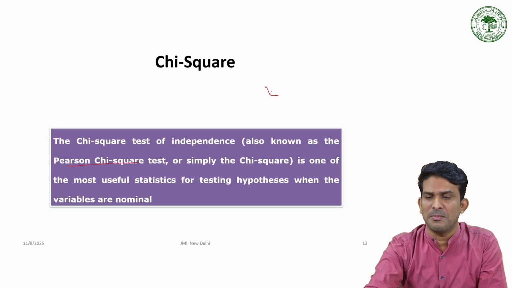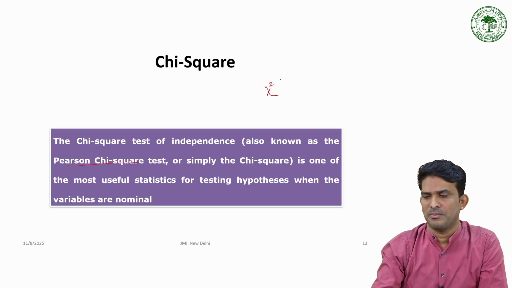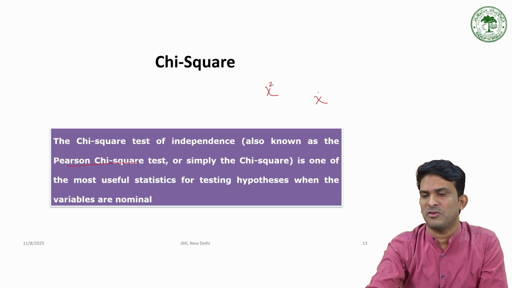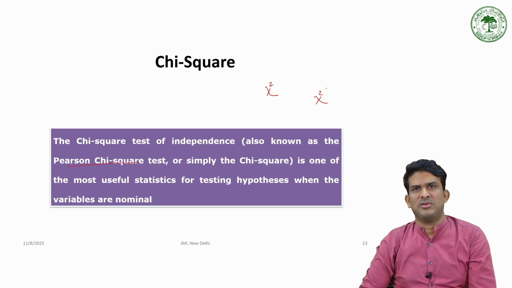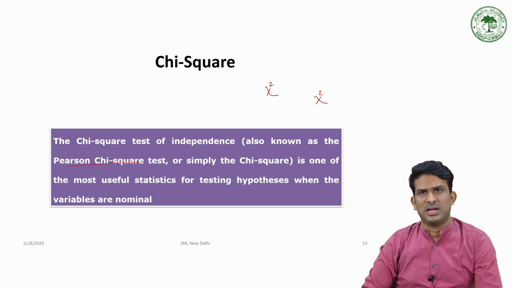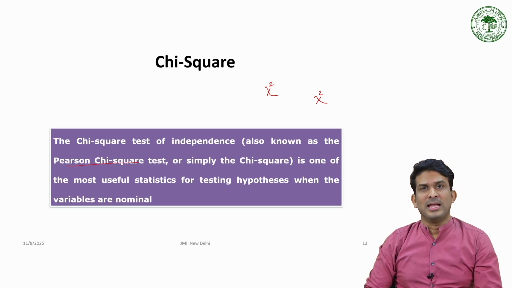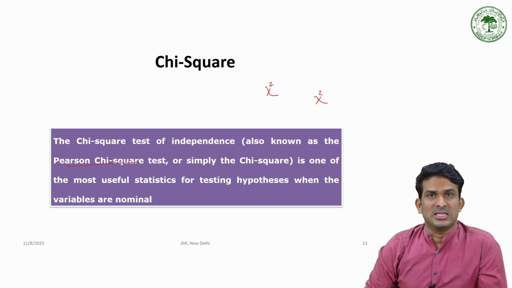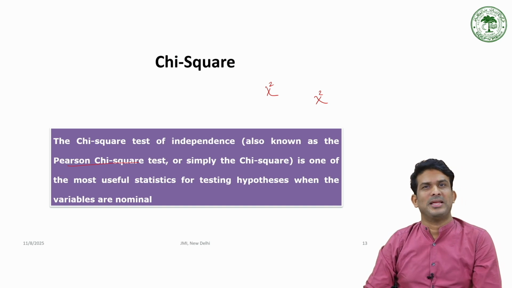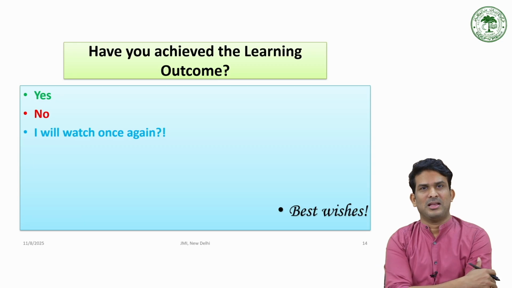Okay, you got it, chi-square. In another lecture we will discuss in detail how to operate chi-square very specifically.